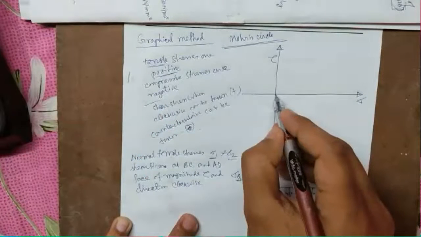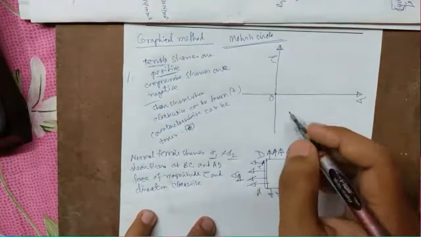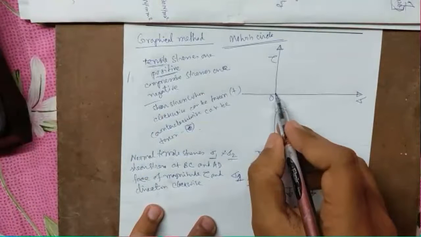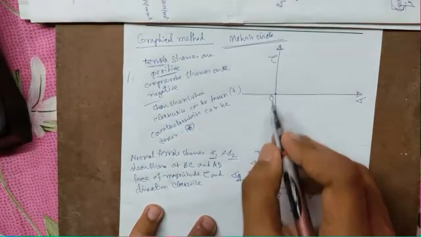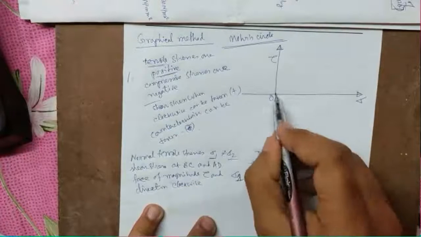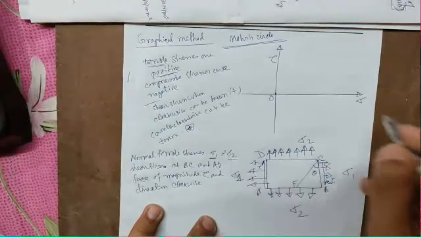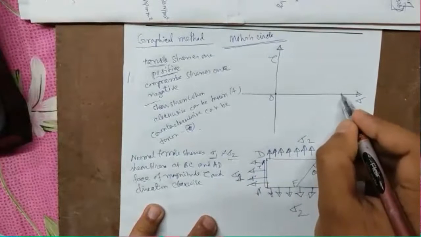So from origin O, we will draw this sigma 1 and sigma 2 along the same direction. If sigma 1 is bigger than sigma 2, it will come here.